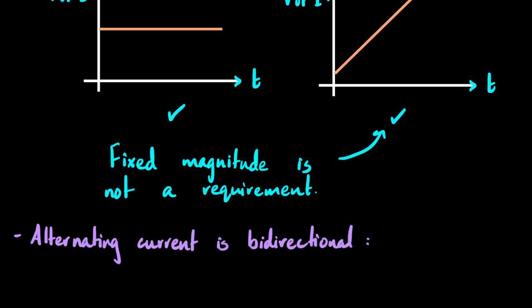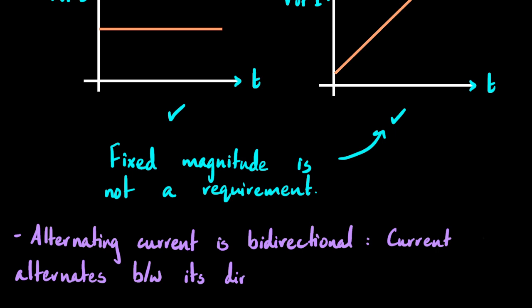So in this case, the current, since this is alternating, alternates between its directions, right? So whatever the two directions are for the current or the voltage, the current keeps alternating between them, so its direction keeps reversing.